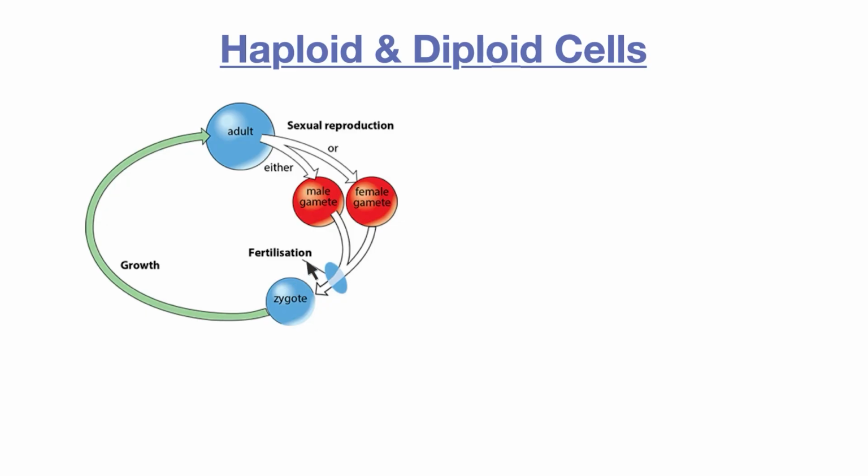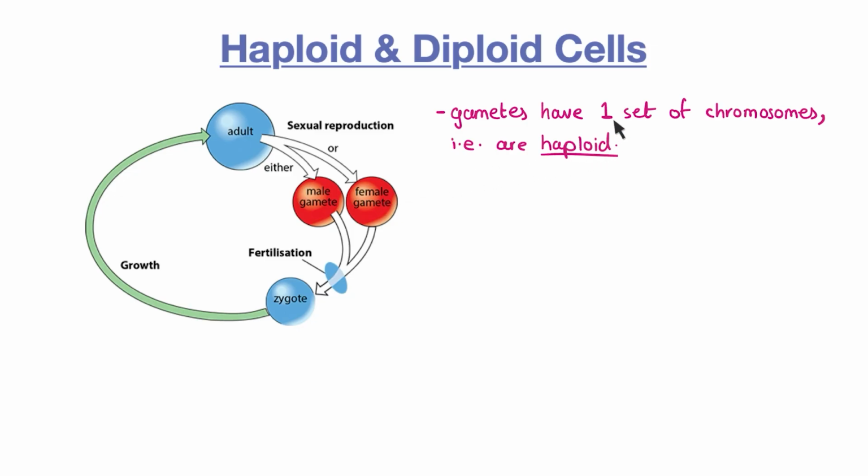So it's important that the gametes, instead of being diploid, instead of having 2 sets of chromosomes, will only have 1 set of chromosomes each. These types of cells, which only have 1 set of chromosomes, are called haploid cells. So the gametes, instead of being diploid, are going to be haploid.